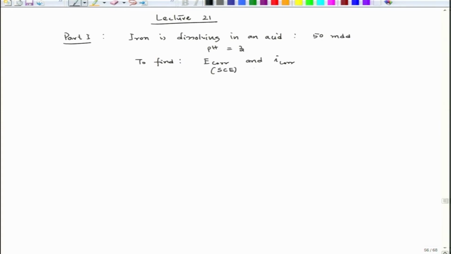The other data which are provided, these are the two things we need to find out.